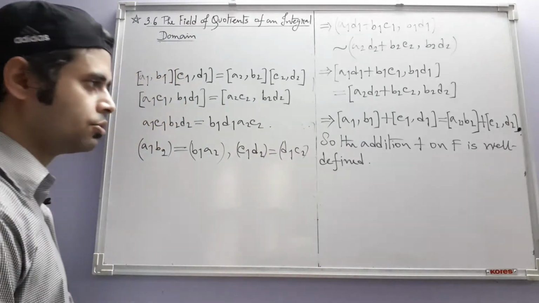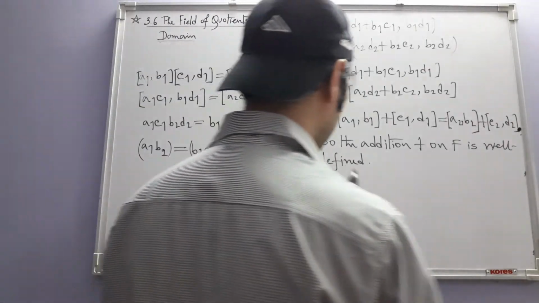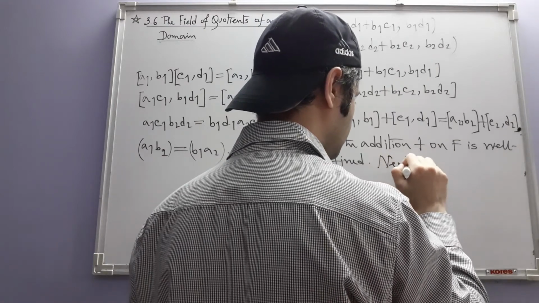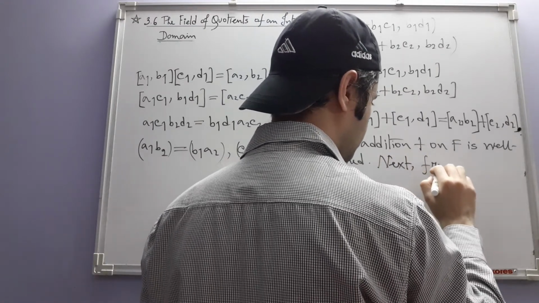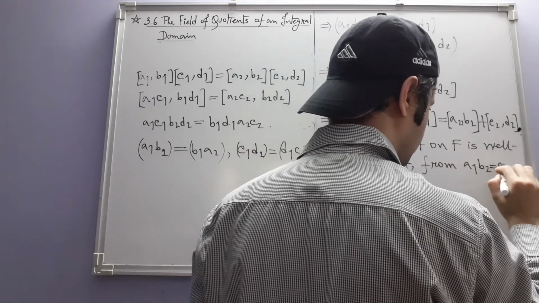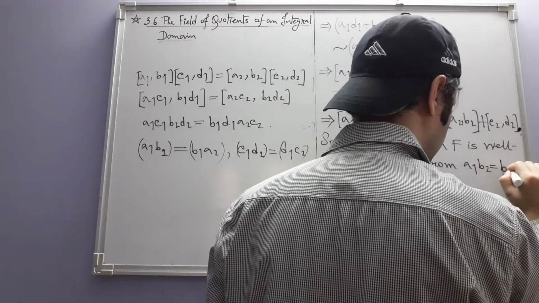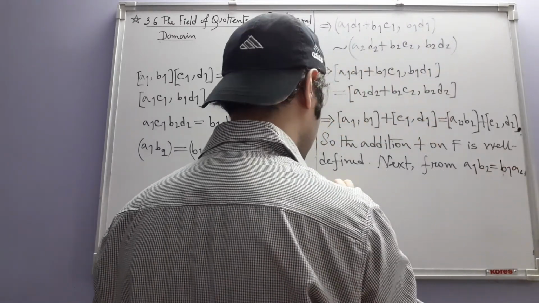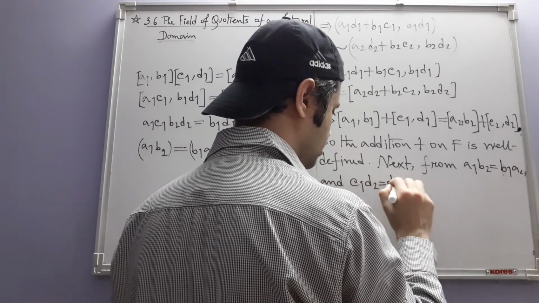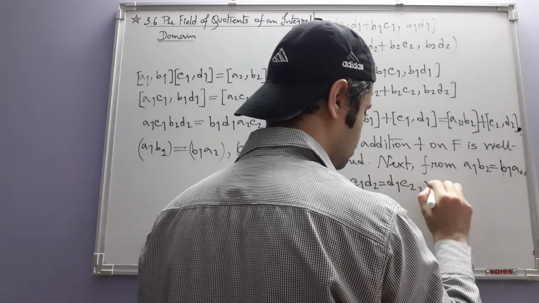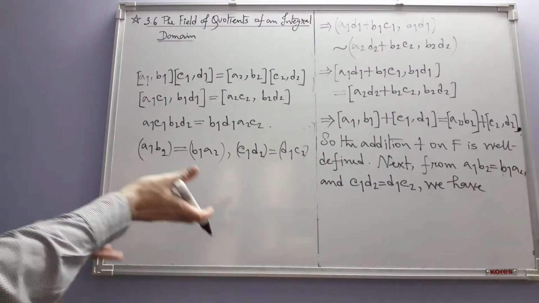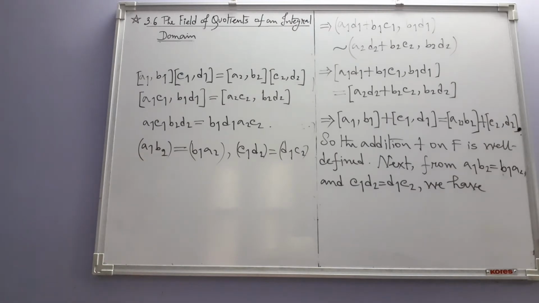So this is indeed true. So we are going to start from here. Next, from a1 b2 is equal to b1 a2 and c1 d2 is equal to d1 c2, we have, we just have to write these things in the opposite order.